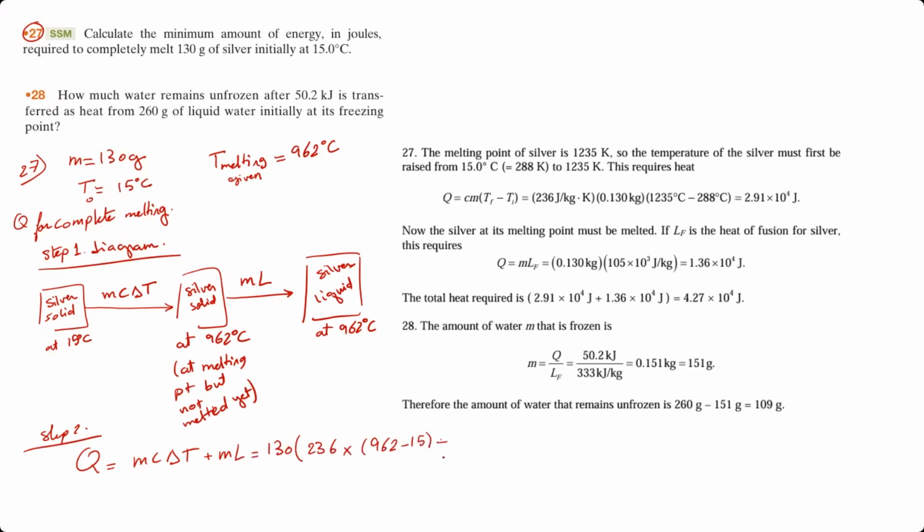Remember, always put the final temperature minus the initial. The latent heat, I'll look up the latent heat of fusion of silver. This is 105 times 10 to the power 3. I will calculate this and find the total Q. This is 4.27 times 10 to the power 4 joules.